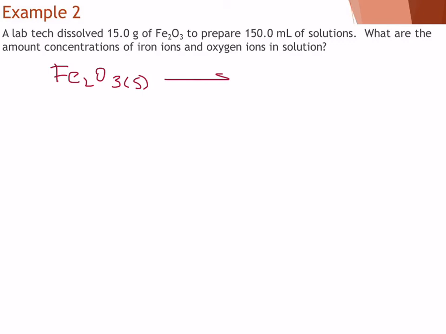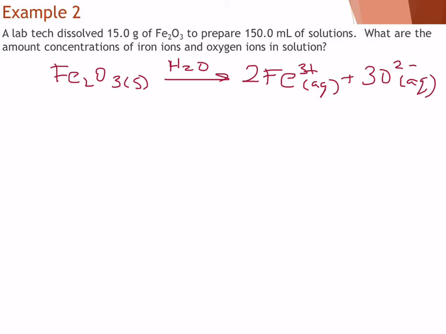So if we have that solid and we're dissolving it in water, remember water's just the dissolving agent and is not really involved, we would get 2 iron ions and 3 oxygen ions. So remember, ionic compounds dissolve to form ions in solution, and we're being asked to figure out our concentration of our ions.